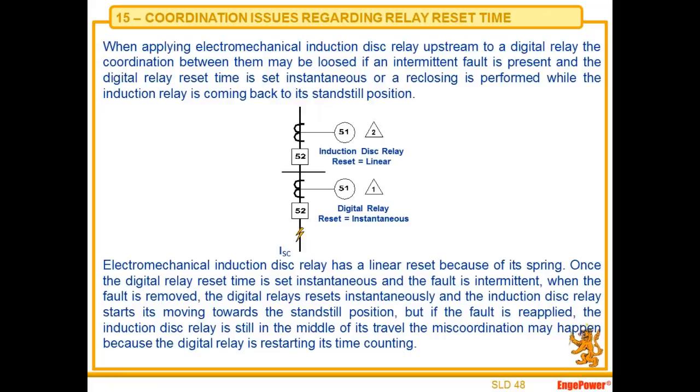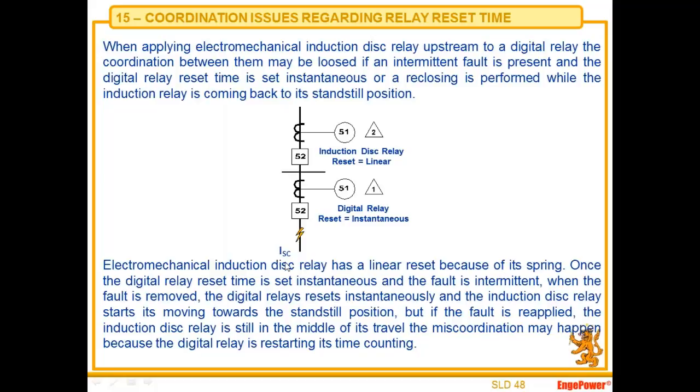If you use an electromechanical induction disk relay upstream, and downstream you have a digital relay, and you have an intermittent fault here, both relays pick it up. So they start counting the time.